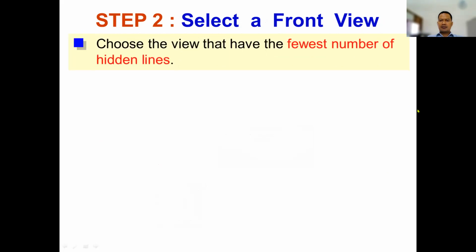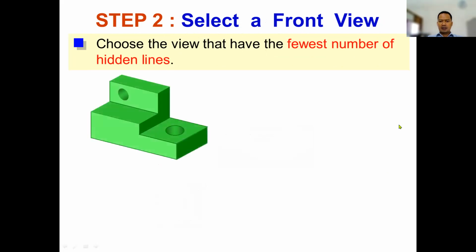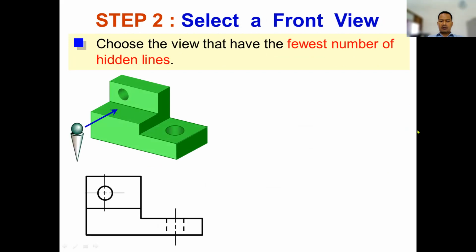Select the view that has the fewest number of hidden lines. For example, you have the object in 3D view like this. Then you want to select a front view. For example, you see the arrow here indicates the front view, and you will get the front view like this.